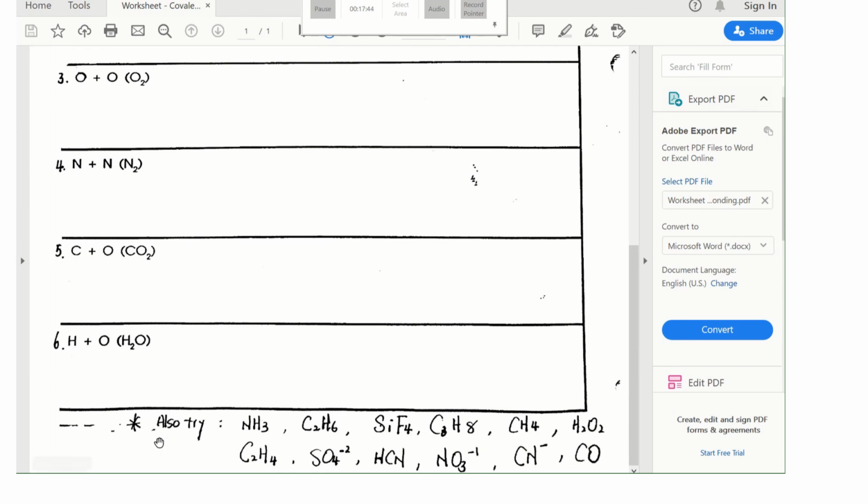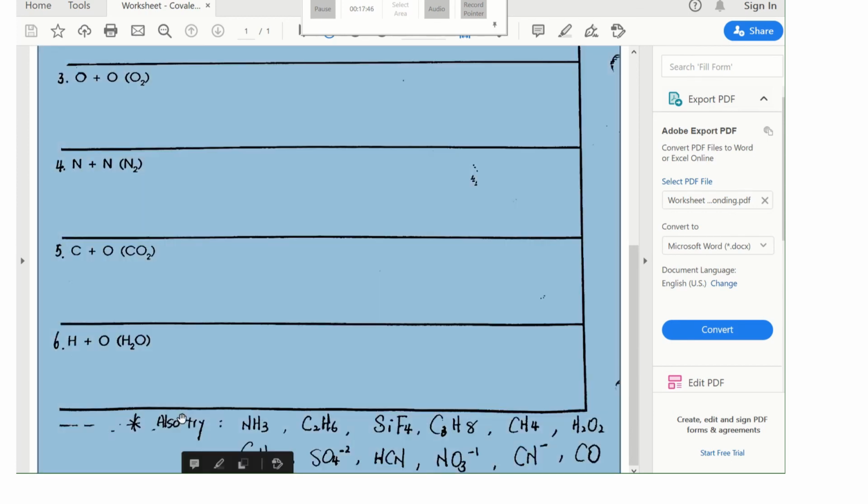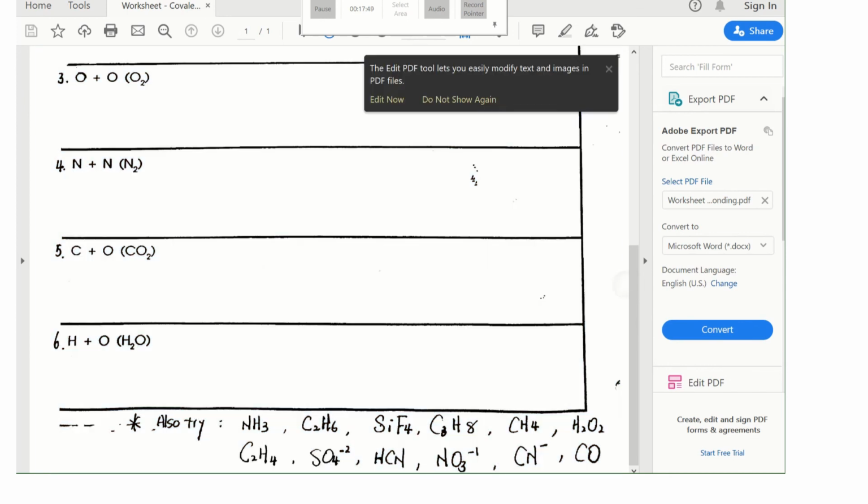Make sure you try all these ones on the bottom, and you need to have a piece of paper. You need lots of space to draw all these diagrams. This little guy is a C3H8. I hope you guys can see that.